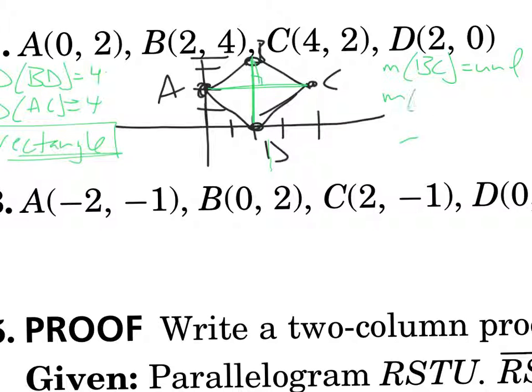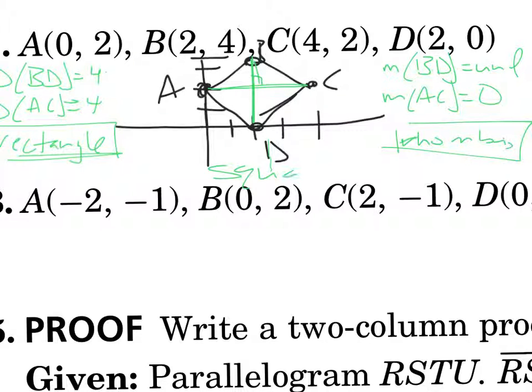And the slope of AC, any horizontal line, is 0. And those two are perpendicular to each other. So because of that, this is also a rhombus. And because it's both a rhombus and a rectangle, it's going to be finally a square. So all of them are true for the first problem.